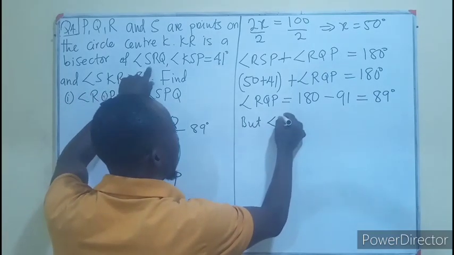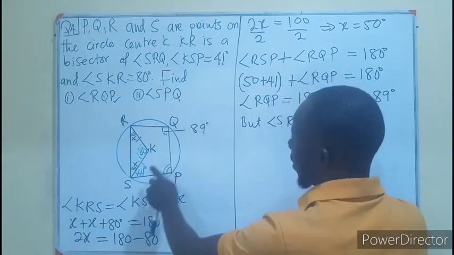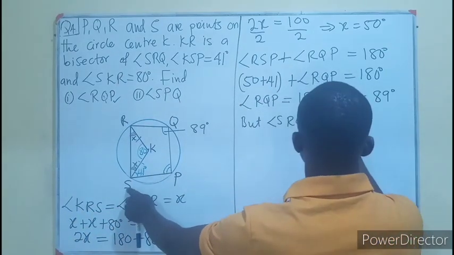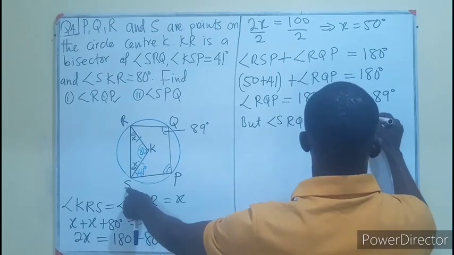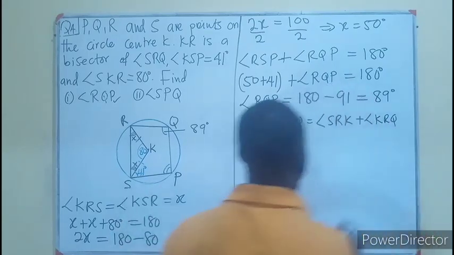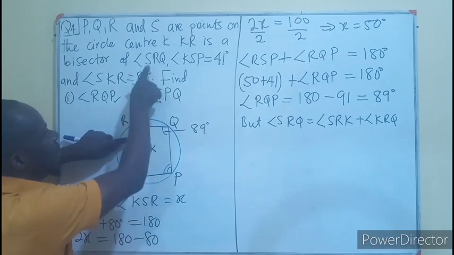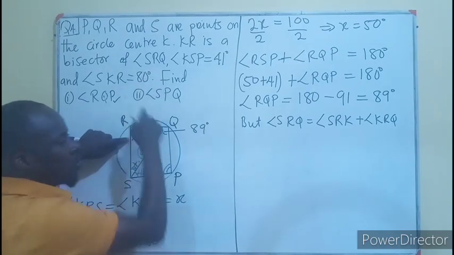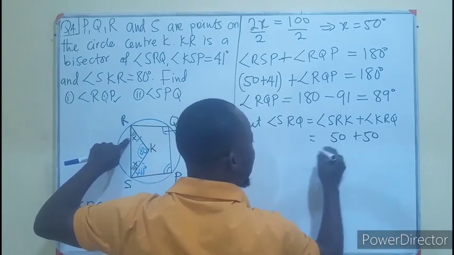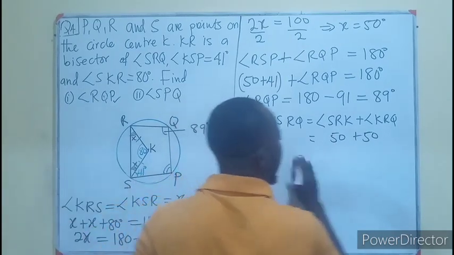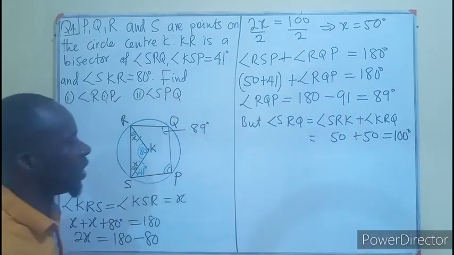So angle SRQ is equal to the sum of angle SRK plus angle KRQ. This angle plus this angle is 50 plus 50, which is 100 degrees.